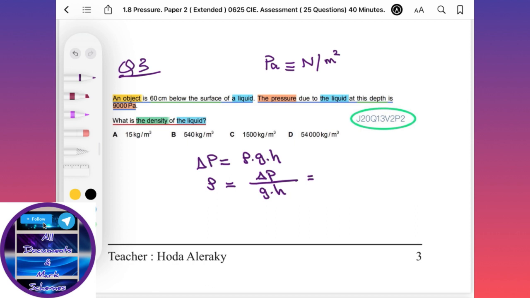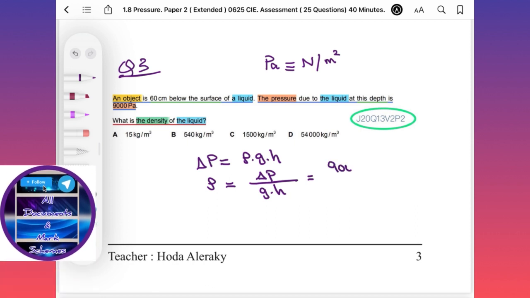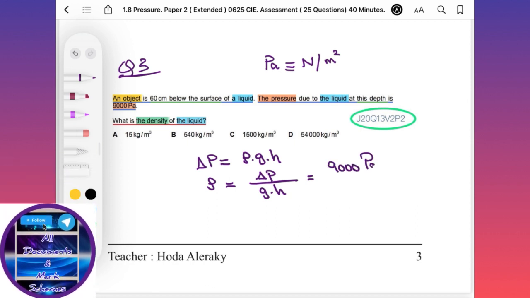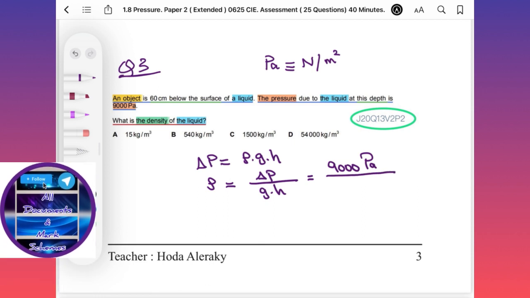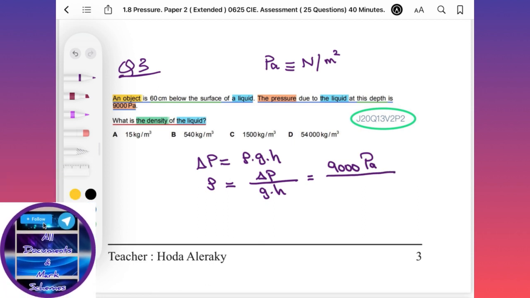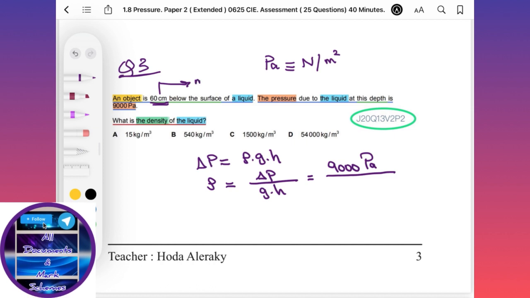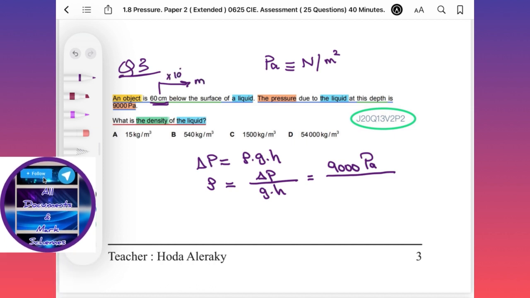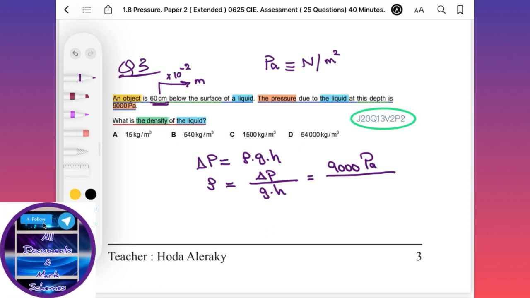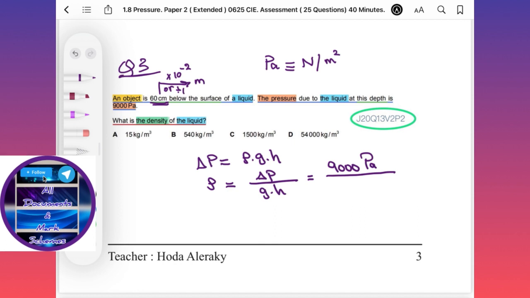When you substitute Pascal, you have to convert depth to meters. 60 centimeters should be converted to meters. So you have to multiply by 10 to the power of negative 2 or divide by 100.